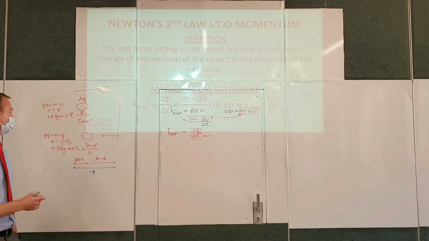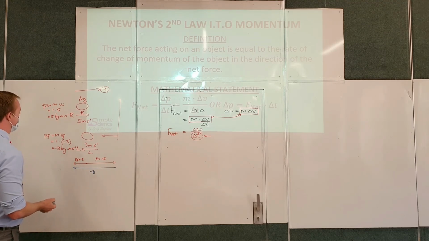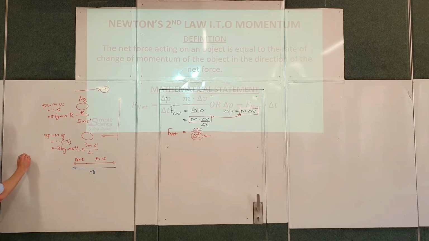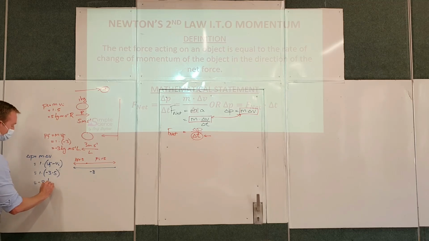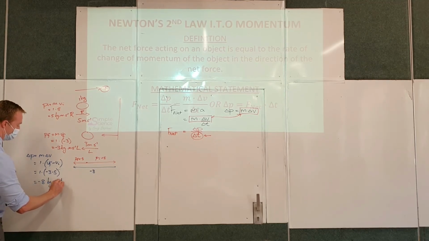We can back that up with our equation. The equation tells us that our change in momentum, delta P, is equal to m delta V. Mass here we said was 1. Delta V is Vf minus Vi. Final velocity we said was minus 3, minus the initial 5, and that is then negative 8 kilogram meters per second.